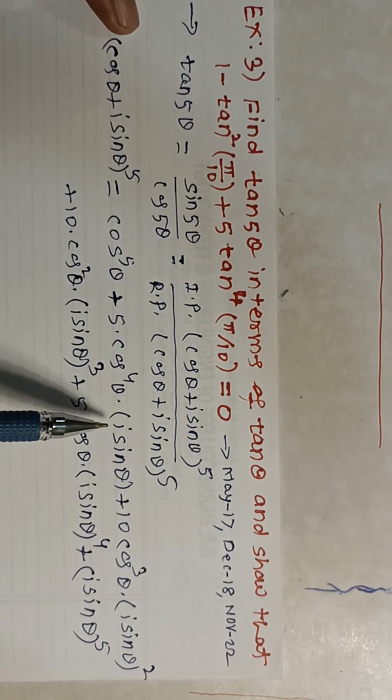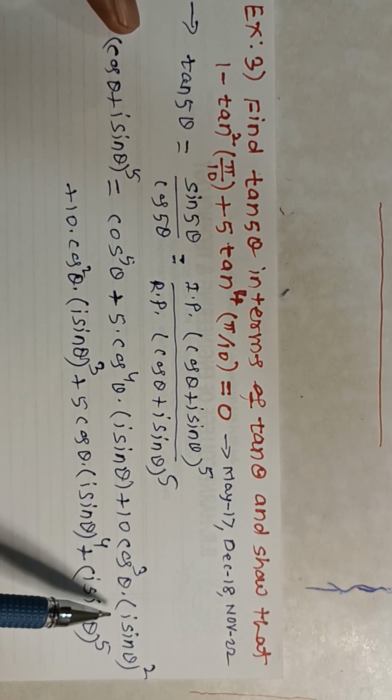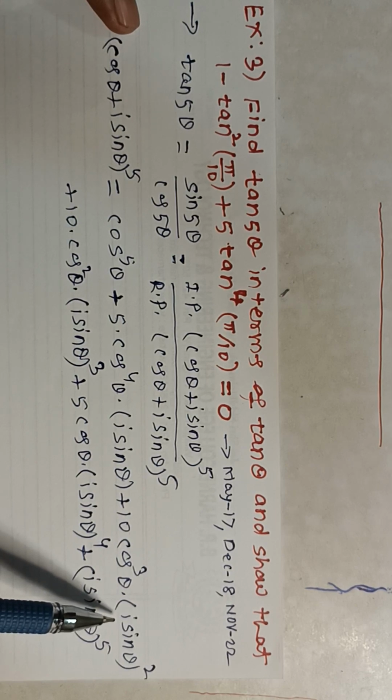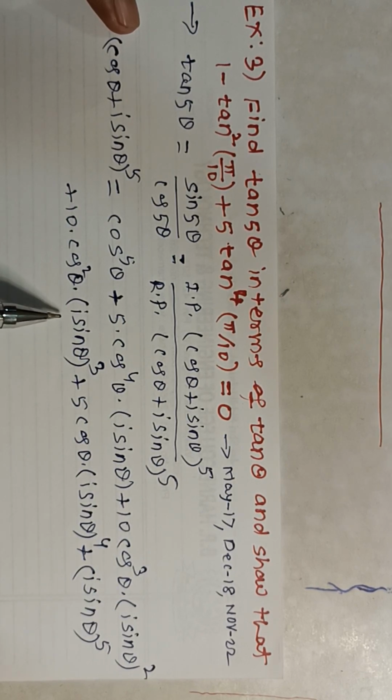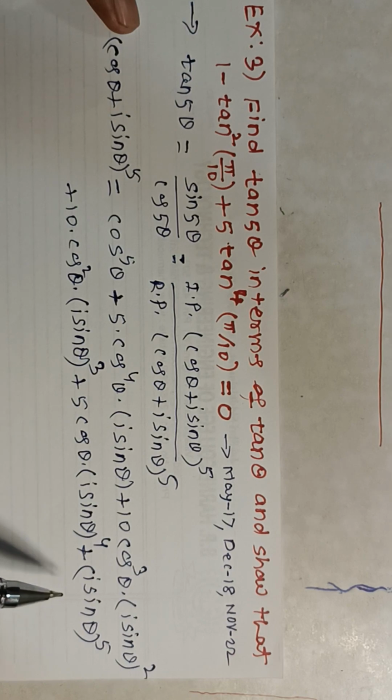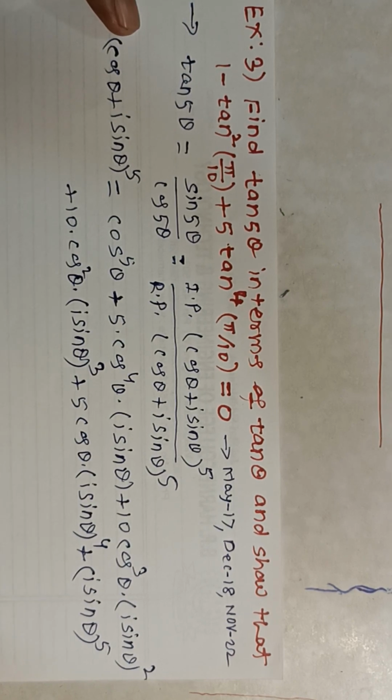You know, i square is minus 1, i cube is minus i, i raised to 4 is 1, i raised to 5 is i.